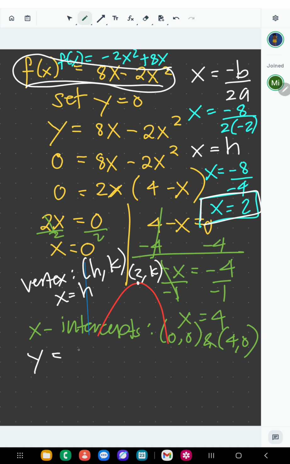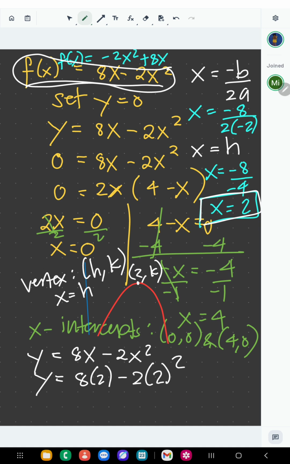Then we plug in the x value: 8 times 2 minus 2 times 2 squared. So this is 16 minus 2 times 4, which is 8. So y is equal to 8.